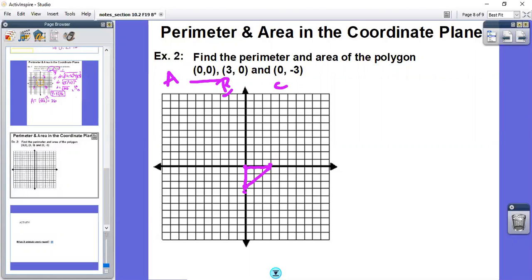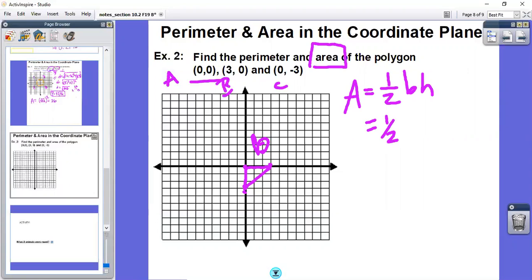Okay, I'm going to find the area first, because I know the area of a triangle is 1/2 base times height. My base here is just going to be the length of that side, which is just 3. And then the height is over here because that's perpendicular to the base.